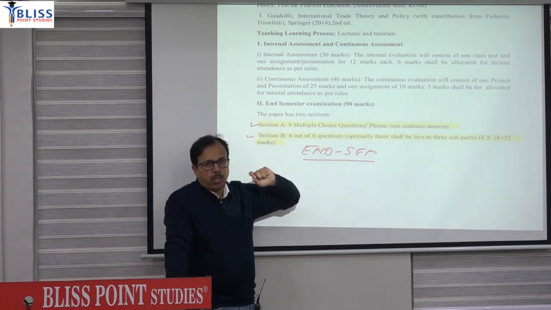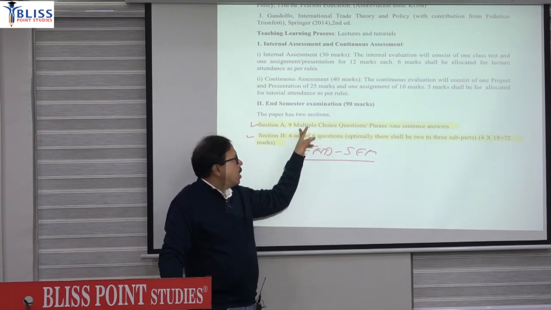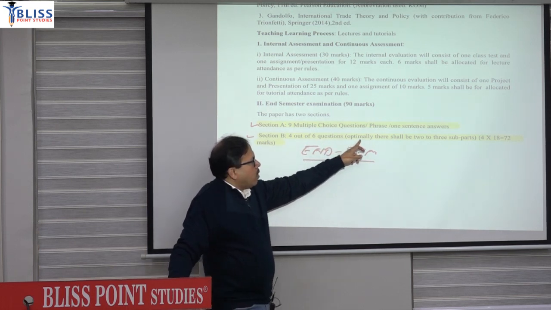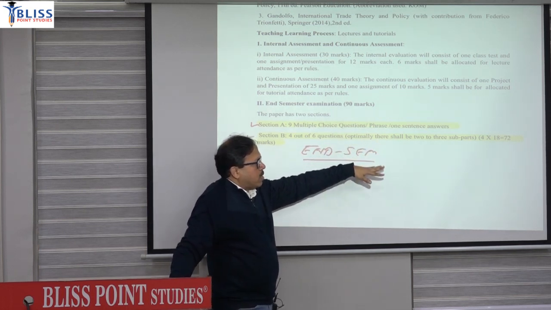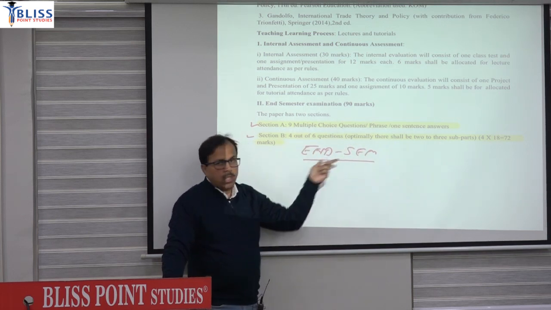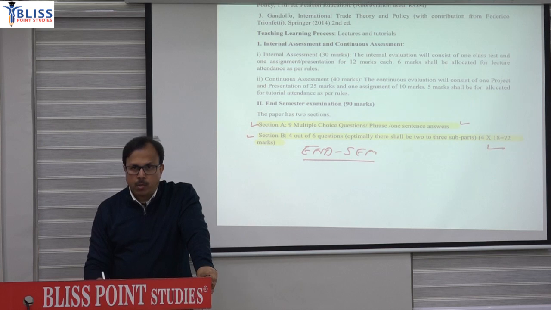So short questions, 2 markers, 9 into 2, 18 marks, that will be section A, and then 4 out of 6 questions. Optimally, there shall be 2 or 3 sub parts. So each question will be of 18 marks, 18 into 4, 72 marks is section B, and 18 marks is section A.